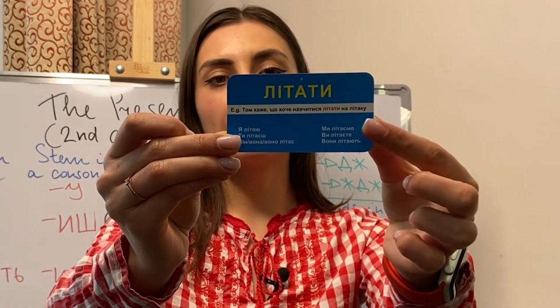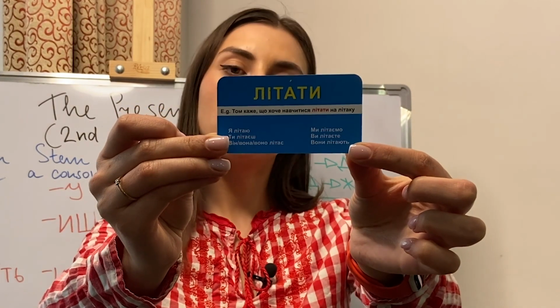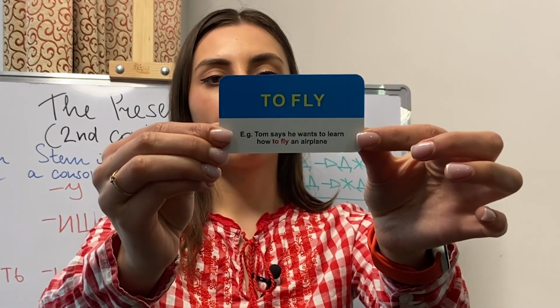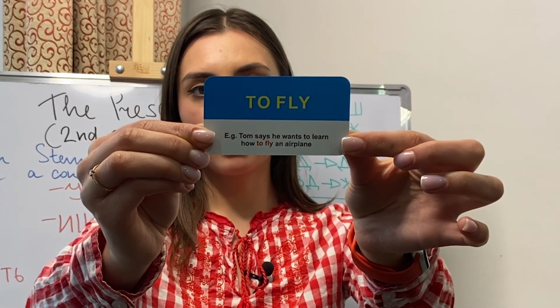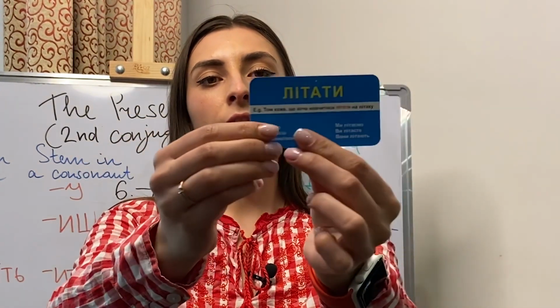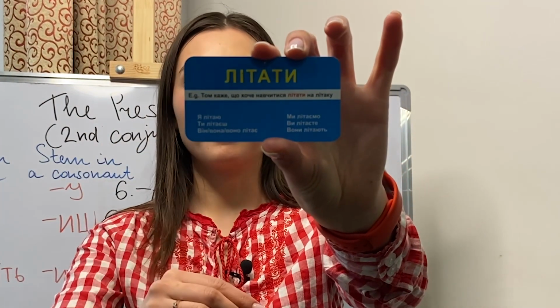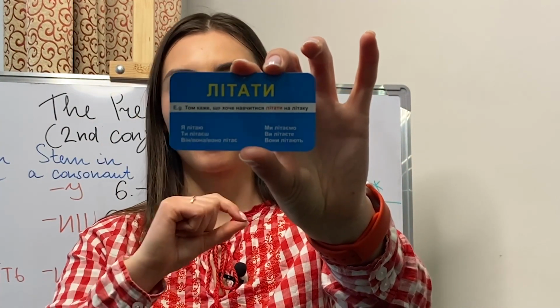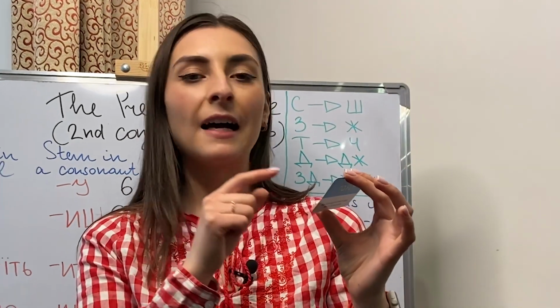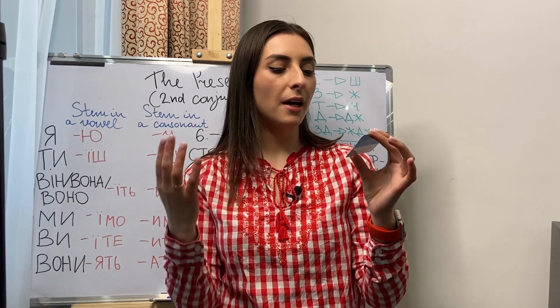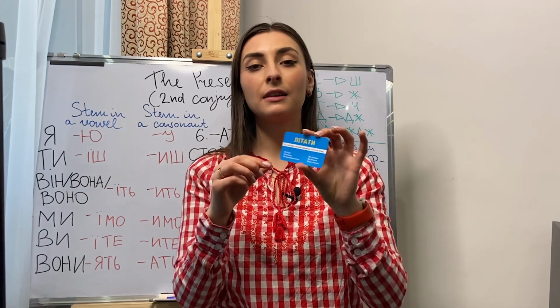So on the one side you can see the infinitive form of it. On the second side you can see the English translation. Also you can see the stress and all conjugated forms. So you can see я літаю, I fly, ти літаєш, він, вона, воно літає, ми літаємо, ви літаєте, вони літають.